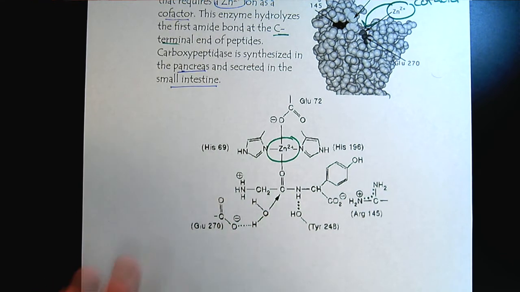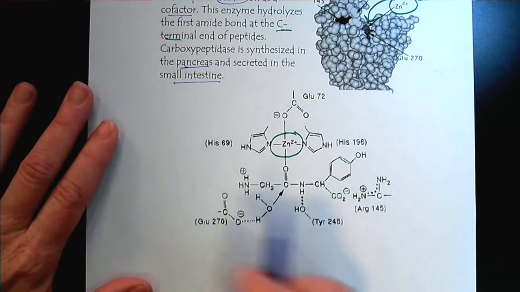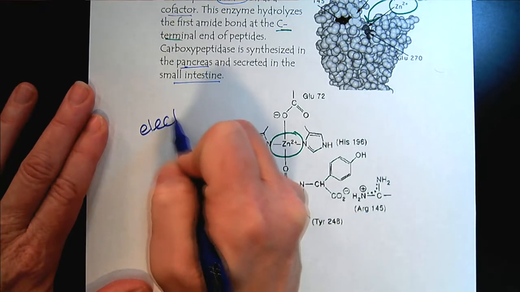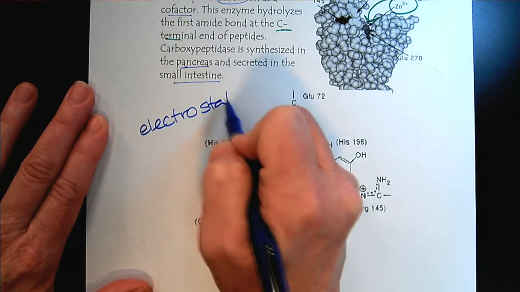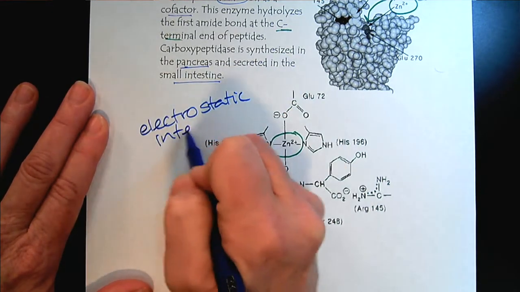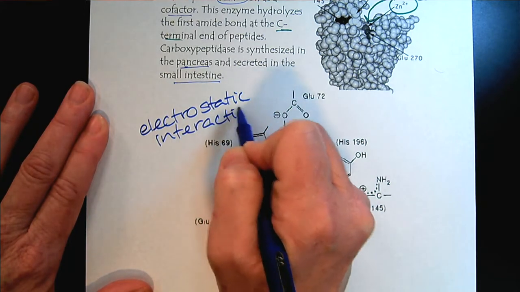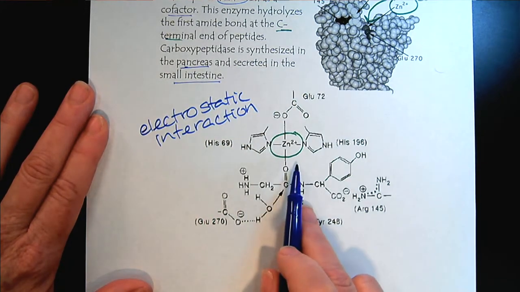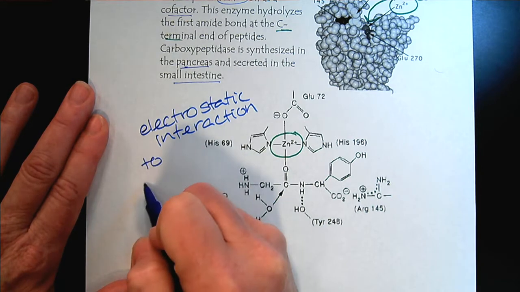So we can see how the metals, through their electrostatic interactions, can help to secure a substrate to the active site of an enzyme. All right? So with the cofactors here, we think about it as an electrostatic interaction, right, to attract substrates to active sites.